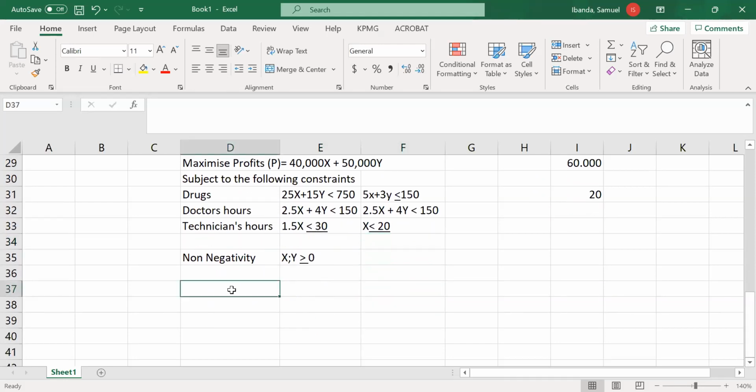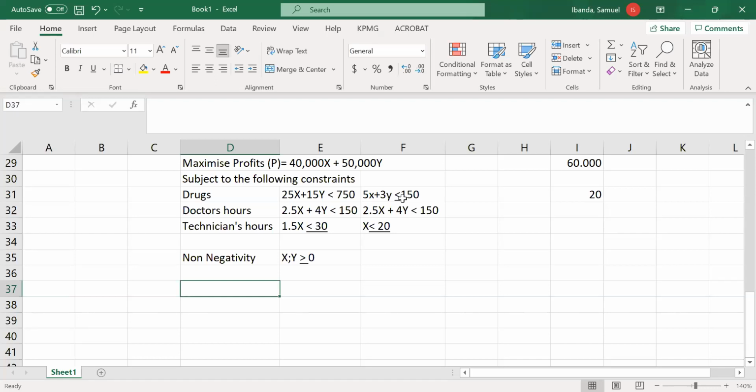Now from there, we go to add what we call slack variables. Slack variables basically help us remove this less or equal.